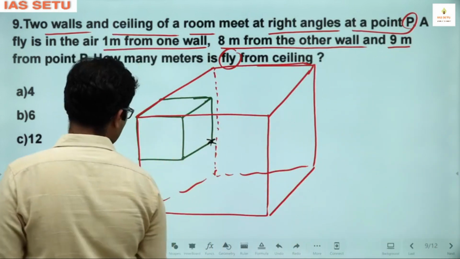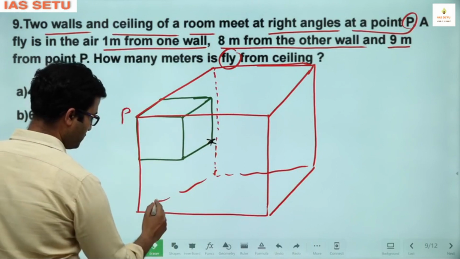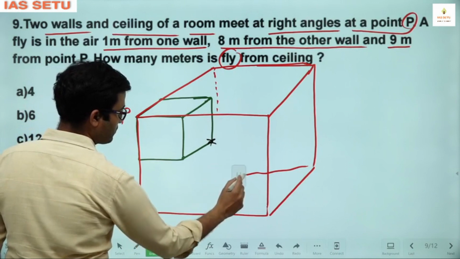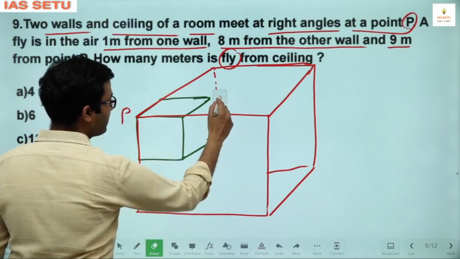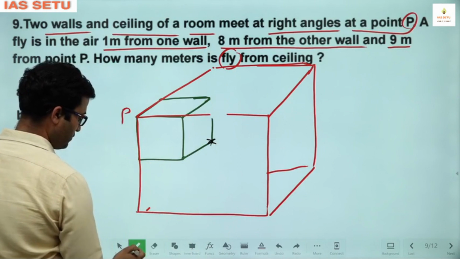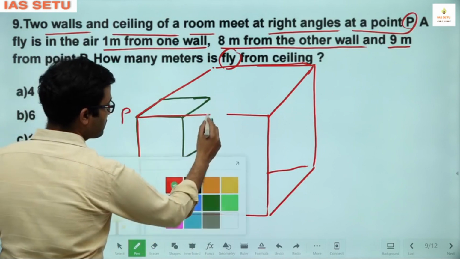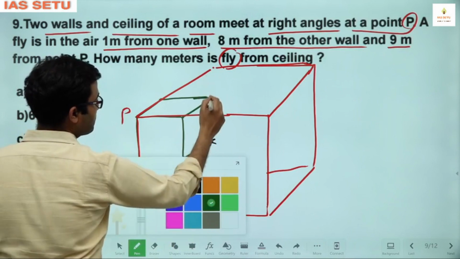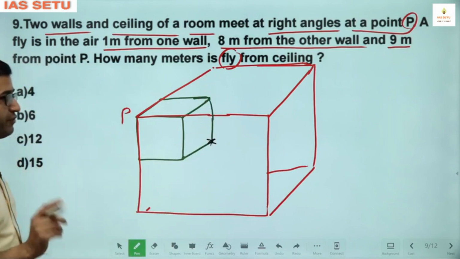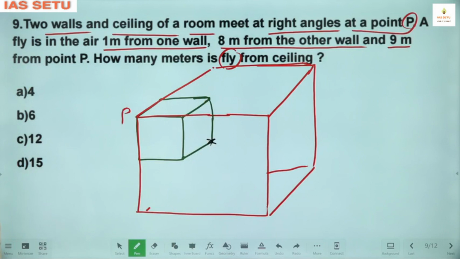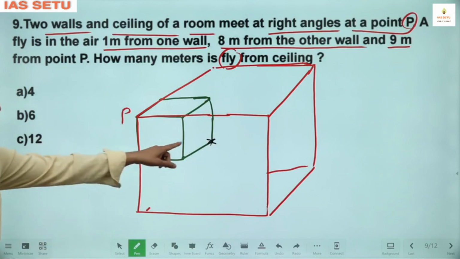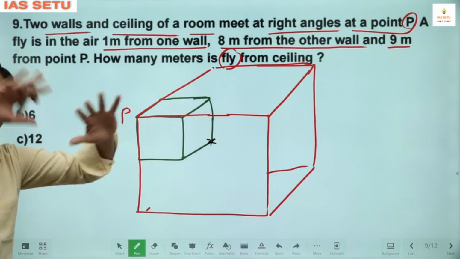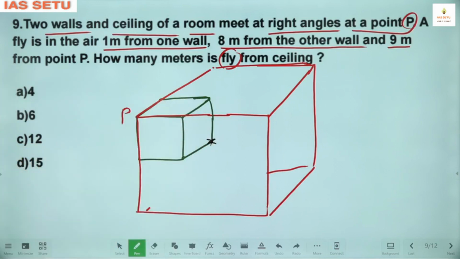Okay. Just to understand, I made this. My first point: have you understood the position of the fly? This red one is the big room, and here is the fly.